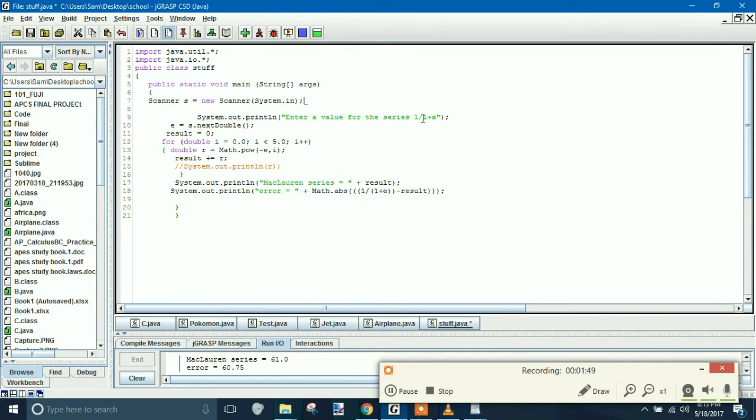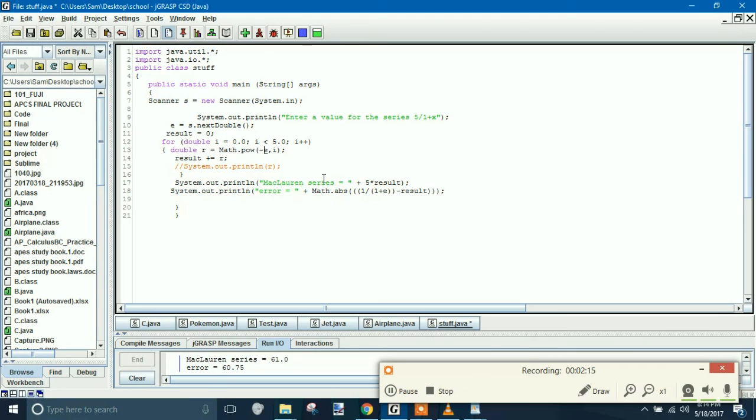Now to modify this for 5 over 1 plus 2x, we're going to start off by multiplying it by 5, and to do that, the final result will be multiplied by 5, because that's the only difference between having 5 there or not having 5 there, a multiple of 5. But another thing we need to do is multiply each of these x values by 2.